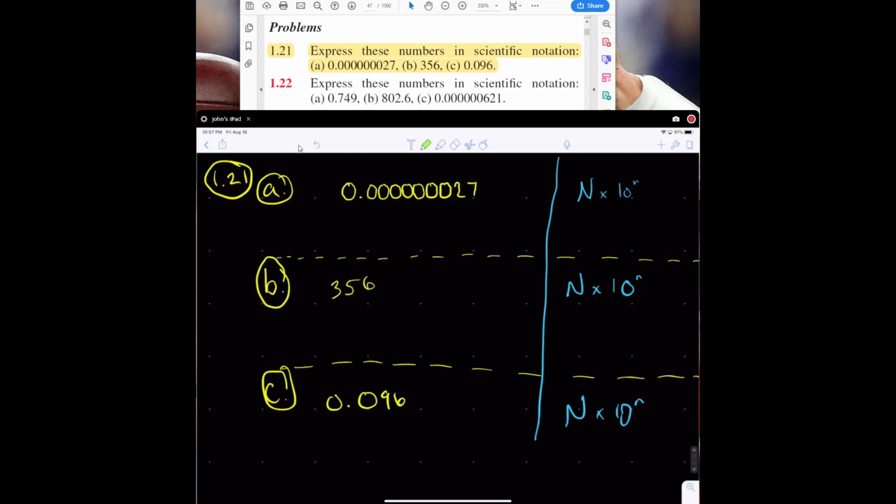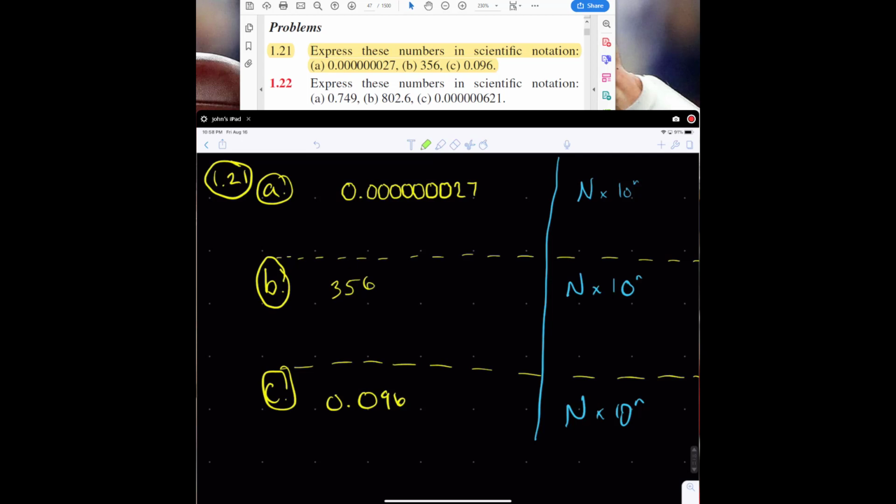So with these next couple problems that are dealing with scientific notation, within the textbook on page 13, section 1.6, handling numbers. It deals with scientific notation and sig figs.